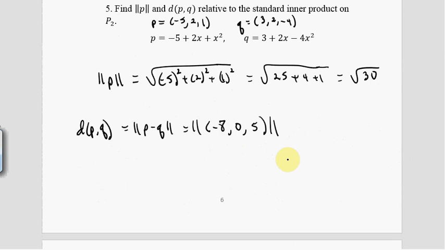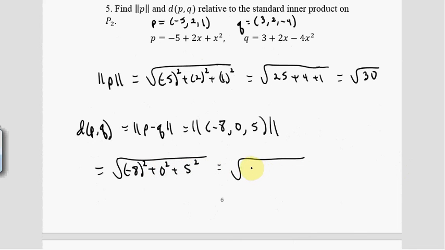So then we just take its norm. So we get -8 squared, 0 squared, 5 squared. So we get 64 plus 25. So we get here the square root of 89. Okay.